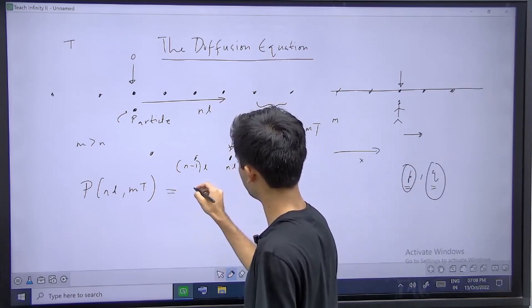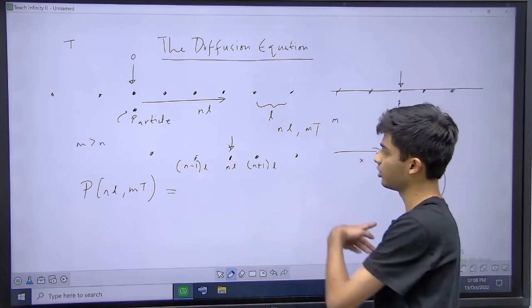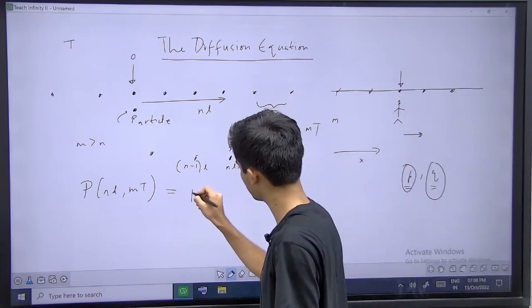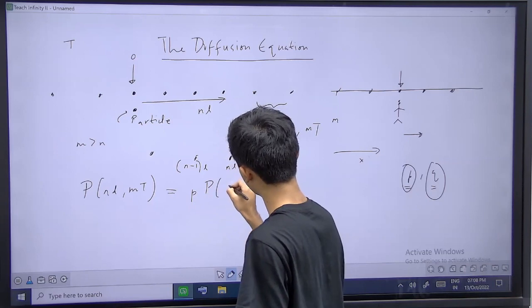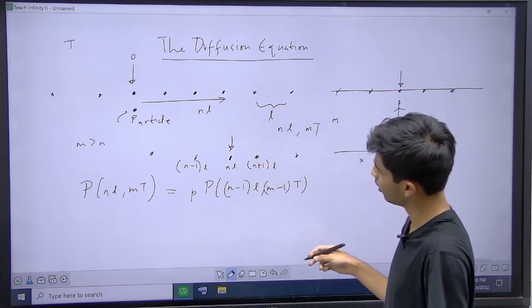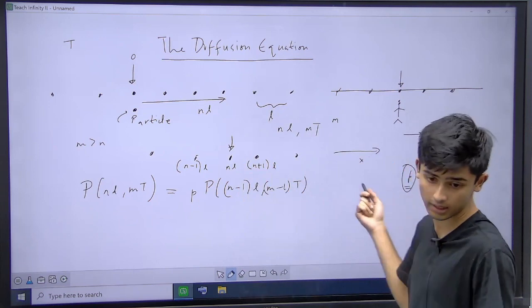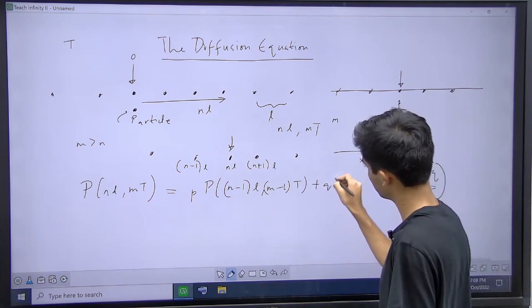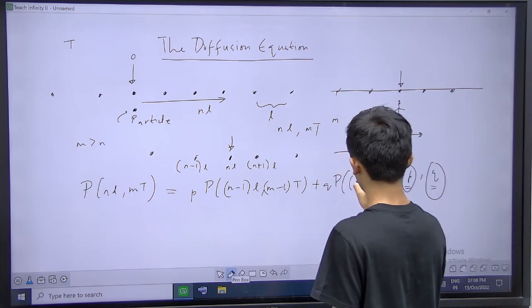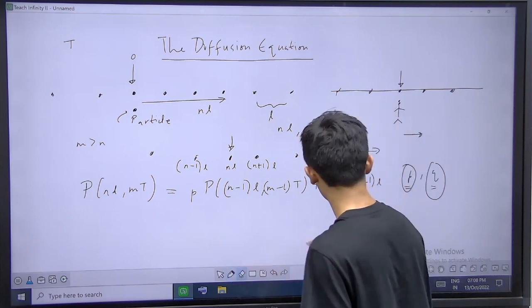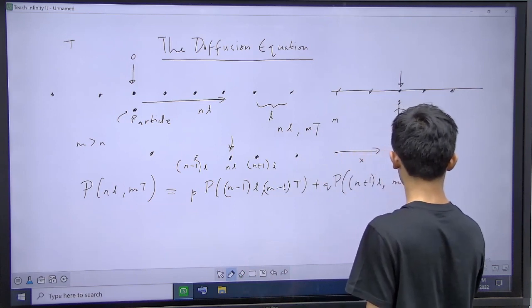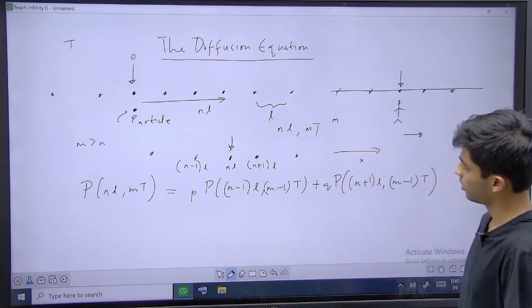So this is equivalent to, and the probability that it was here is actually p, because p is the probability with which, if it was here, it would have moved to the right, and so I write this as small p times this, or it could have been to the right and moved to the left with this probability q, at n plus 1 L. Right?